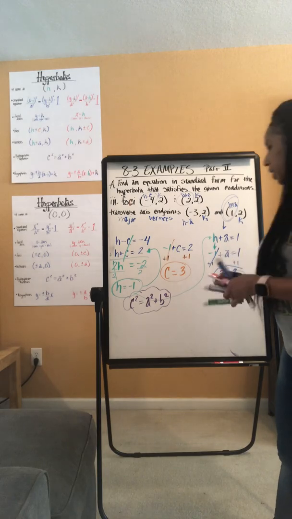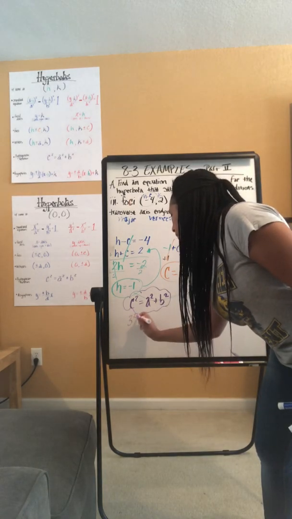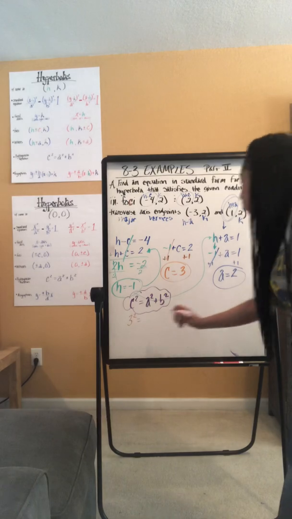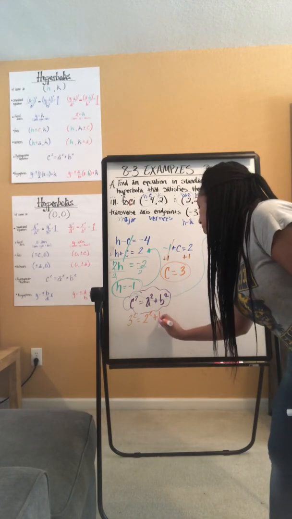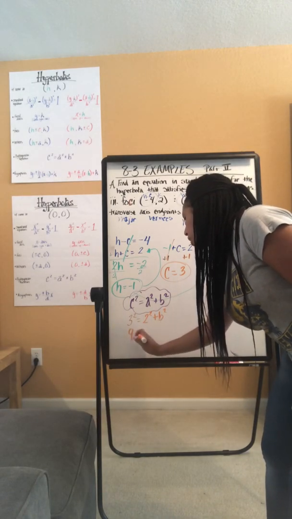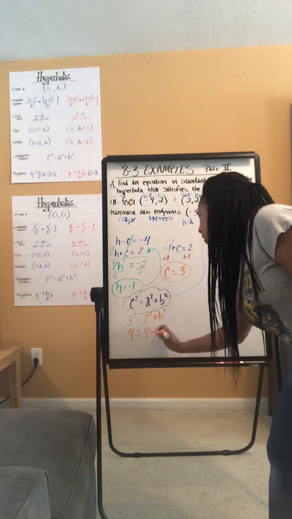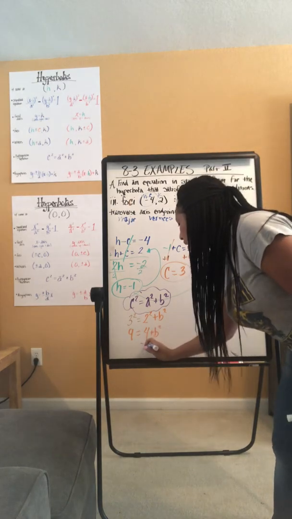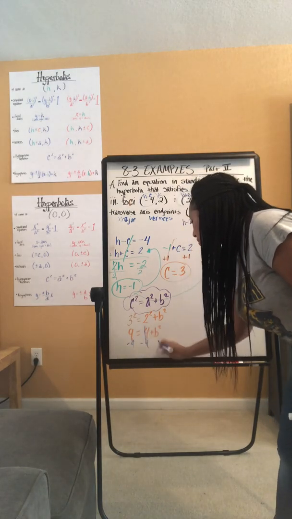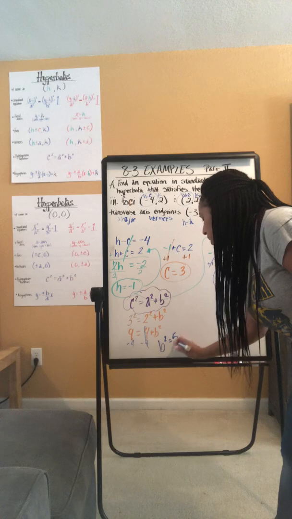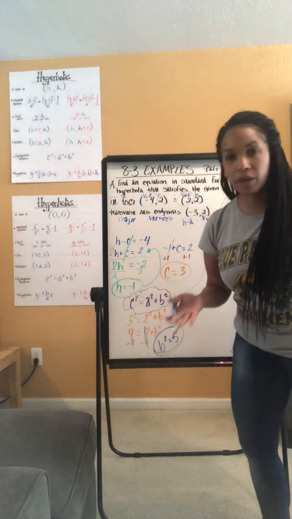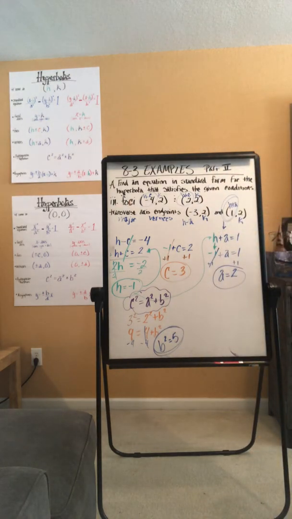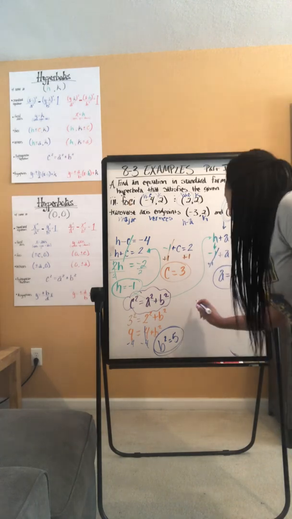C squared would be 3 squared, equals a squared, a was 2, so 2 squared plus b squared. So 9 equals 4 plus b squared, which, if I subtract 4 from both sides, I find that b squared is 5. And that's fine. We'll stop there. We do not have to square root it. I don't need b on its own, because b squared is actually what is used in the standard form, which is what I'm going to write now.